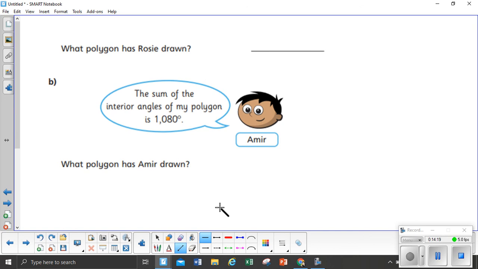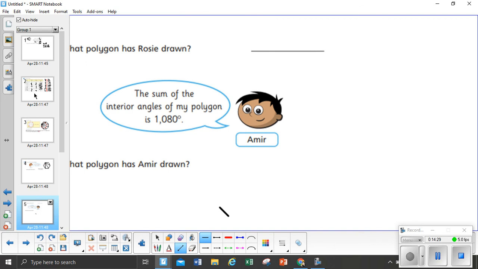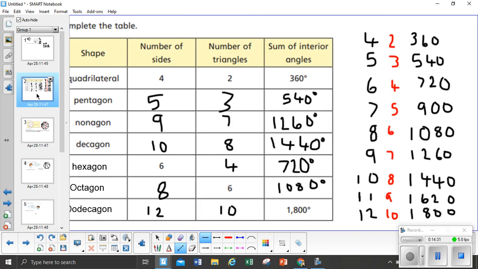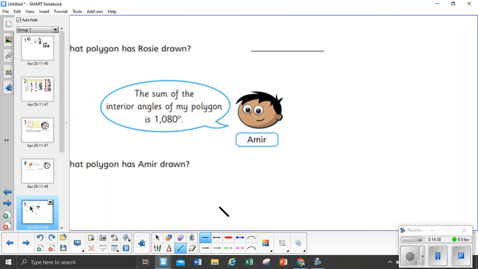Right, Amir says the sum of the interior angles of my polygon is 1080 degrees. What polygon has Amir drawn? So let's go back to the chart. Looking for 1080 here, which is our octagon. Okay, so Amir's drawn an octagon.